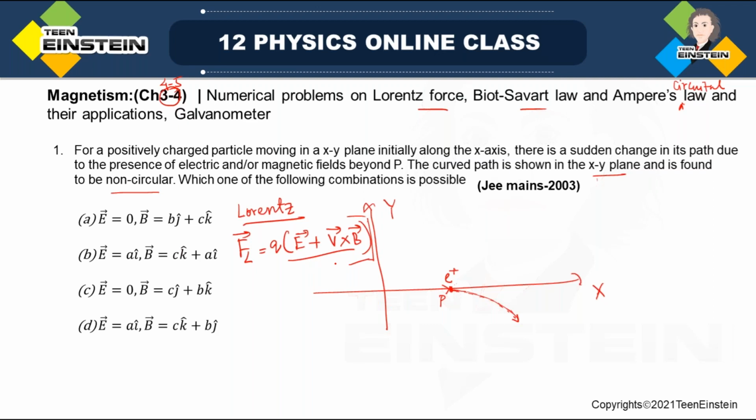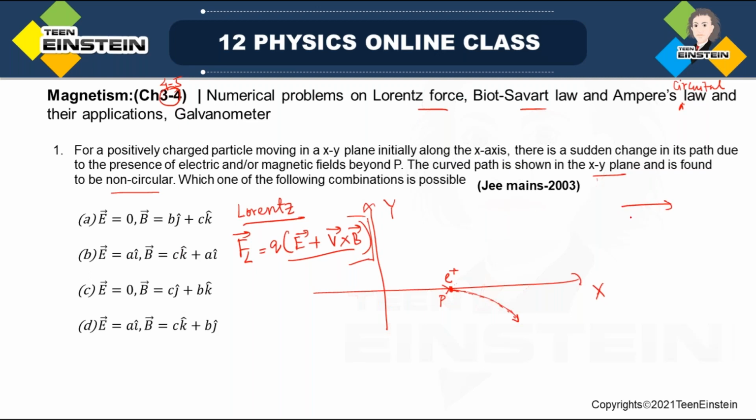In fact, I'll try to give you some glimpse or idea of what happens, like what is the force experienced by a charged particle when it is passing through an electric field.